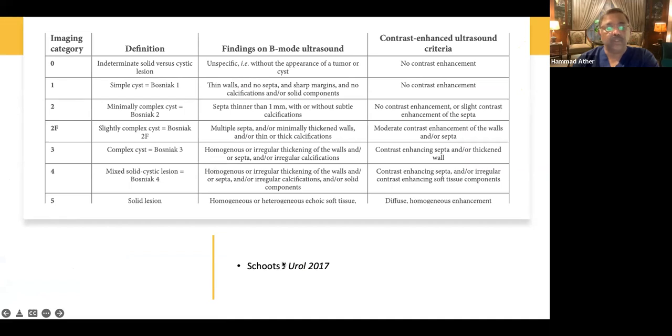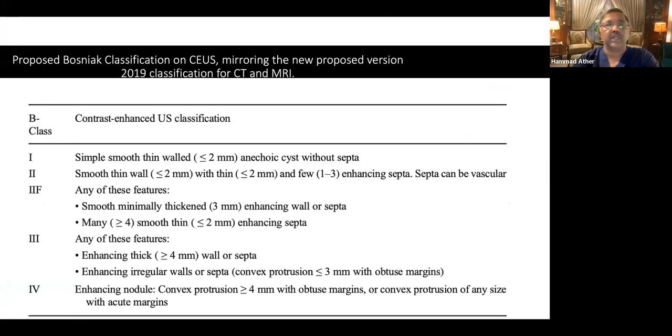So for the sake of time, I'll skip this. This is the Bosniak classification, and it's all available. This is the proposed contrast-enhanced ultrasound Bosniak classification, which mirrors very closely the classification that we have.